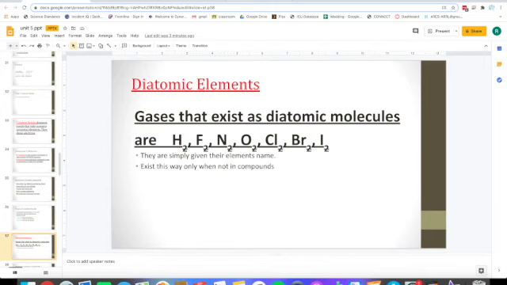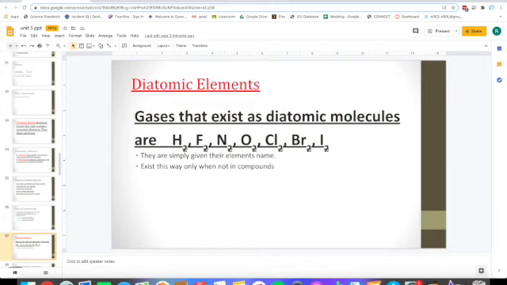So basically, if these elements are ever by themselves, not bonded with any other element, they will be in pairs. That's why if you ever have a tank of oxygen, it's not just O, it's O2. And that's because it's diatomic, so when it's just oxygen, it likes to bond with itself, so there's 2, they come in pairs.